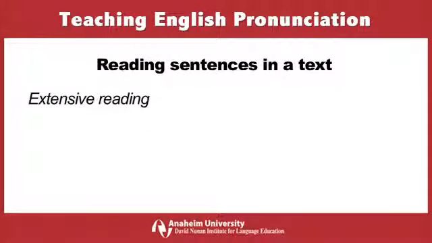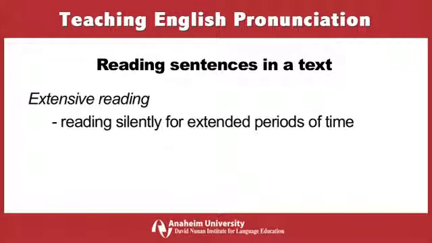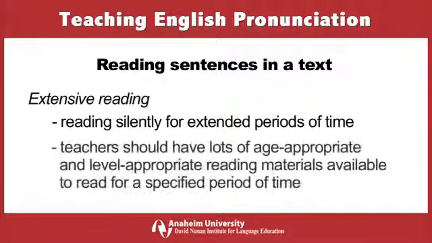So let's take a moment now to look at extensive reading. Extensive reading means reading silently for extended periods of time. Teachers should have lots of age-appropriate and level-appropriate reading materials available for their learners to read for a specified period of time in the classroom and/or at home.